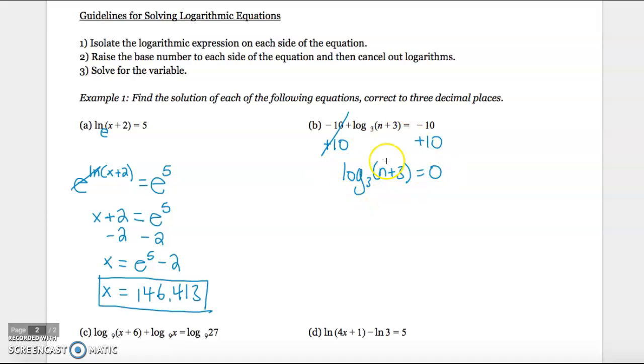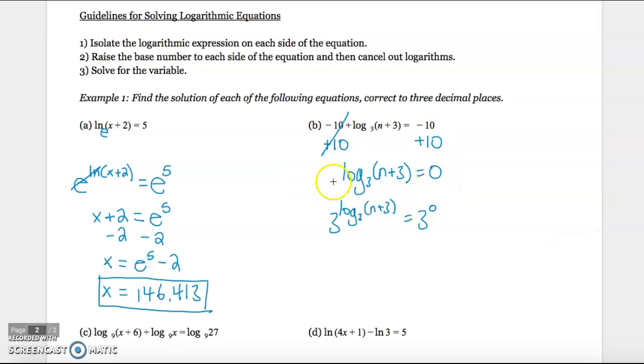Now my logarithm is isolated on each side of my equation. I don't have a logarithm on that side, but that's okay. Now I'm going to raise the base to both sides of my equation. So I'm going to take this little 3. I'm going to do 3 to the log of n plus 3, and on this side, I'll do 3 to the 0 power.